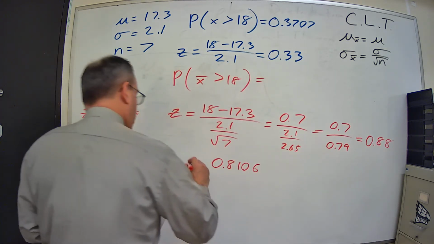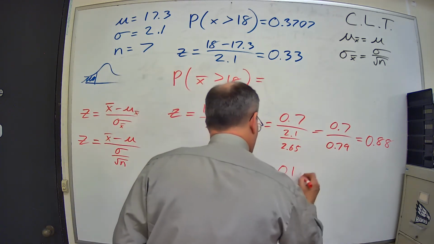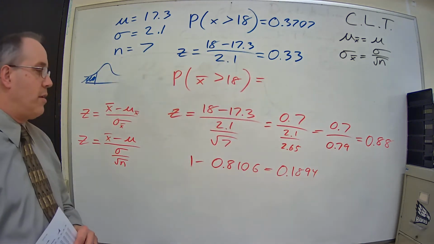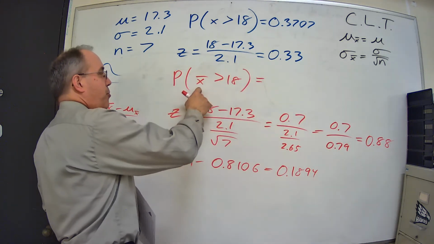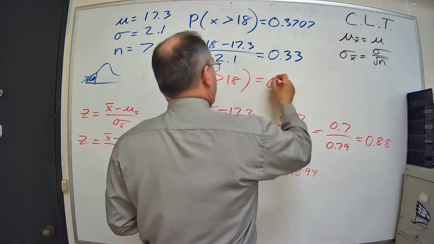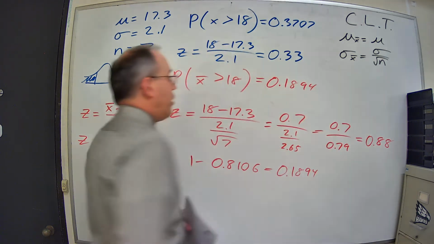So we're going to take 1 minus that, which gives us 0.1894. Thus, the probability that our sample mean will be greater than 18 is 0.1894.